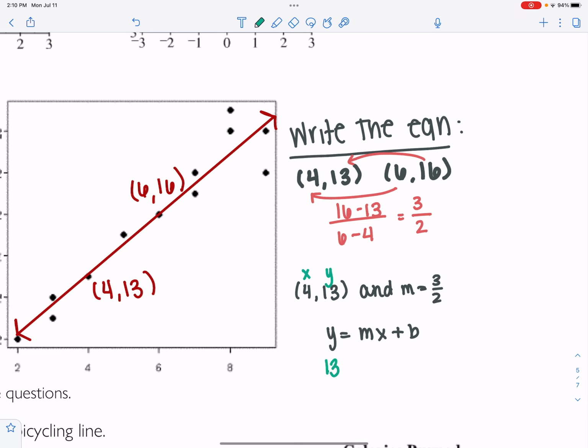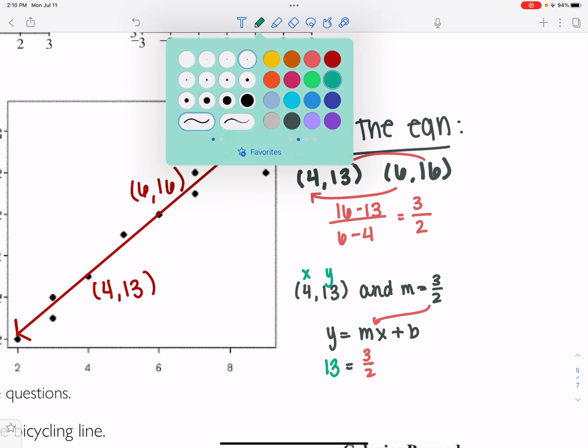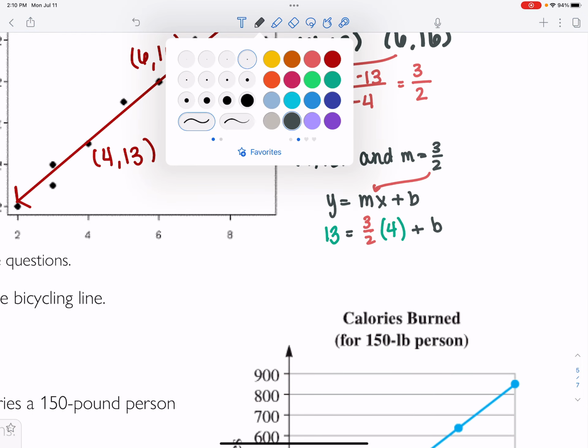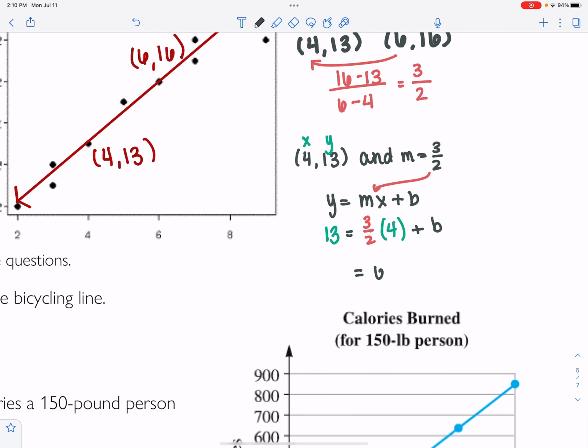So y is going to be 13 equals m, which is 3/2, times x, which is 4, plus b. All right, 3/2 times 4 is going to give me 6 plus b equals 13. I'm going to subtract 6, and I get b equals 7.